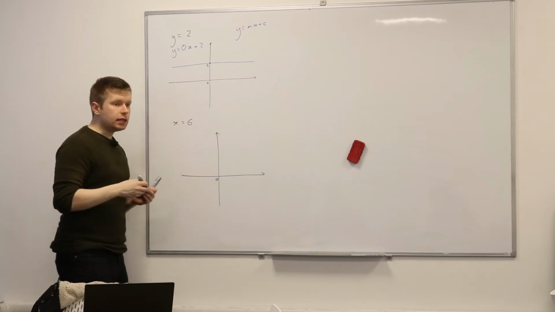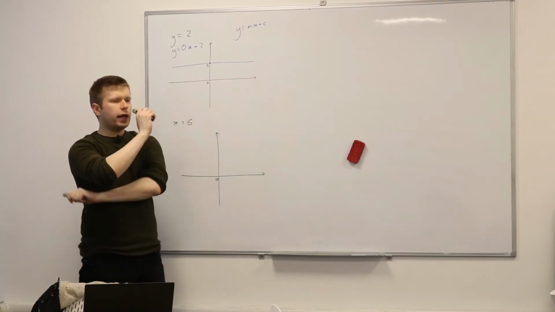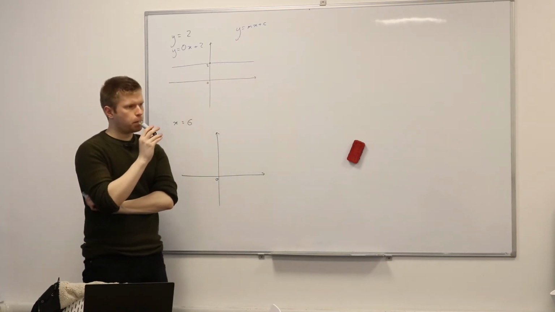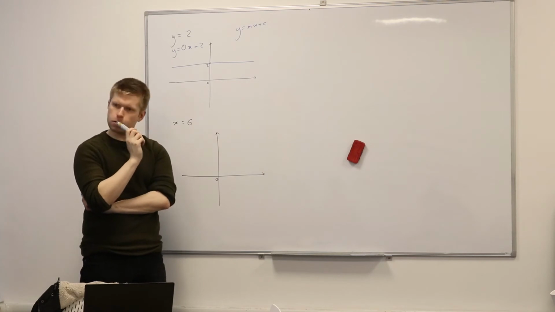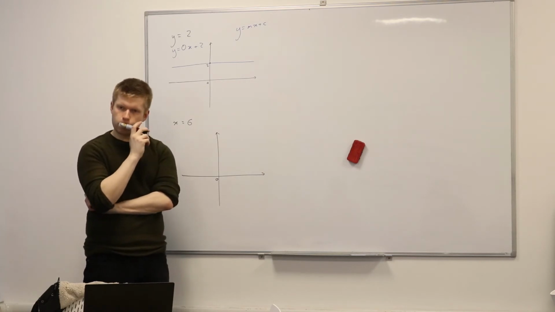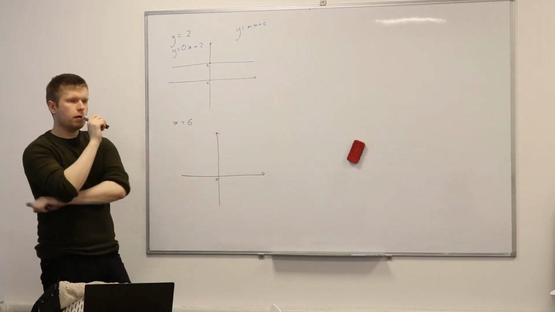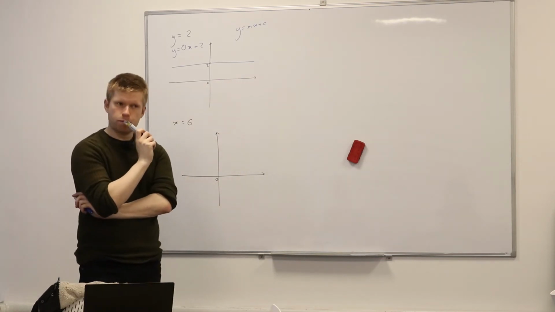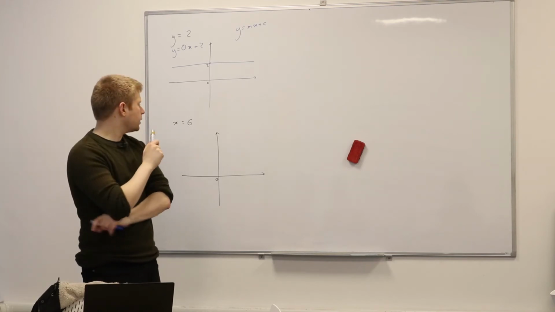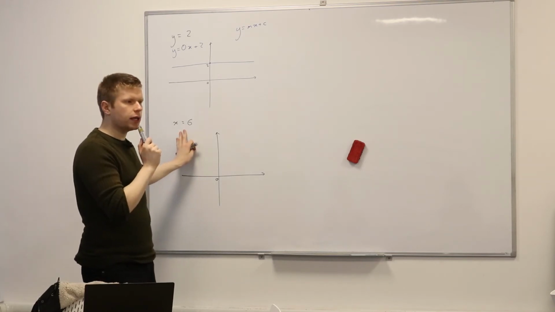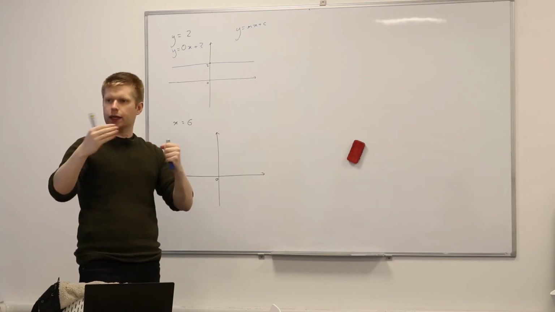So actually in this case, could we use y equals mx plus c? What do we reckon? I don't think so either, because no matter how you rearrange this, you can't get y equals something.